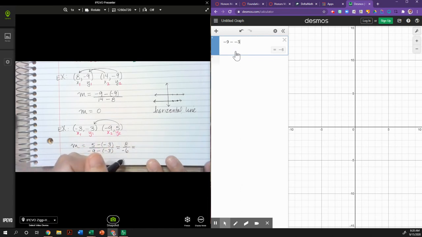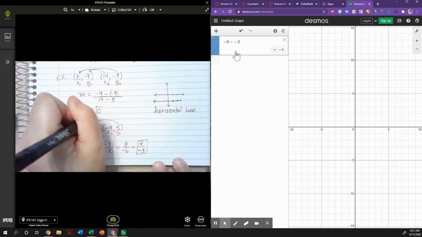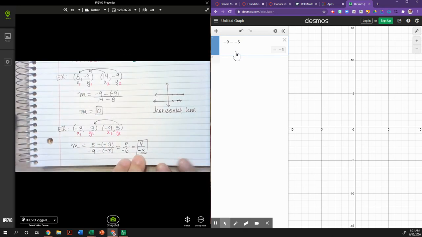Then I reduce by dividing both by 2, so I get 4 over negative 3. And there's my answer for my slope. One of the things you should think about when you do this calculation is what type of line this is. This would be a line going downhill.